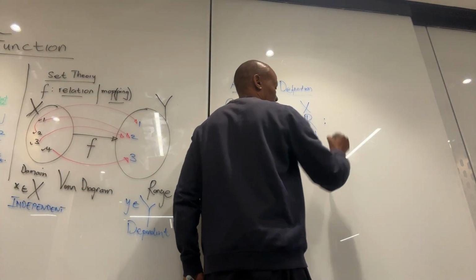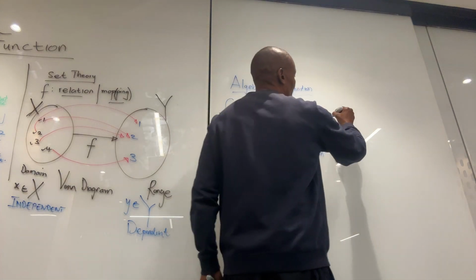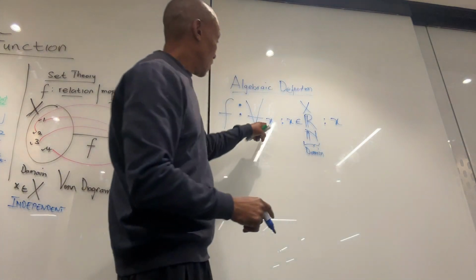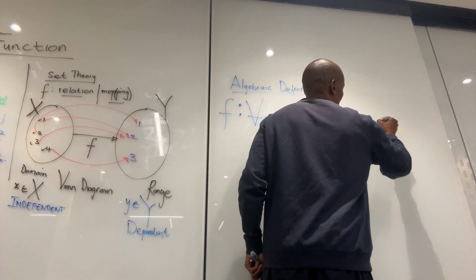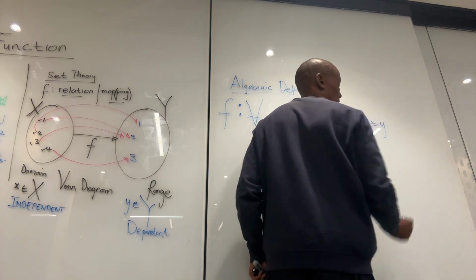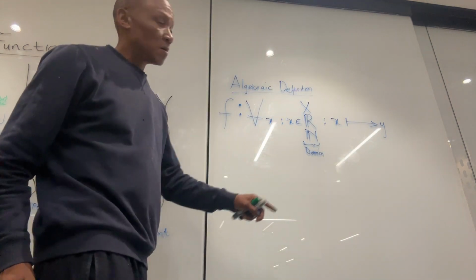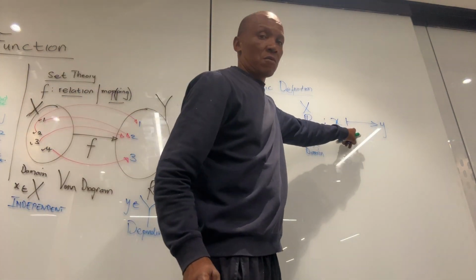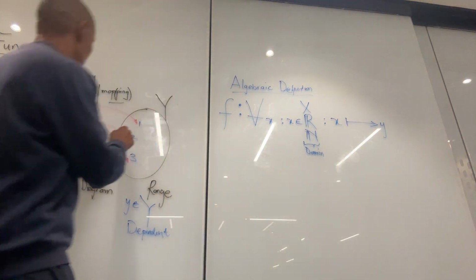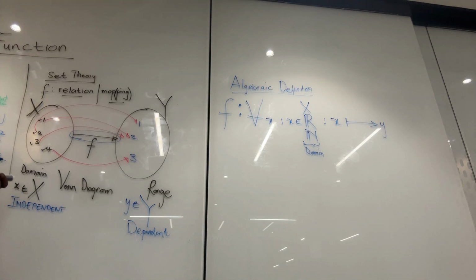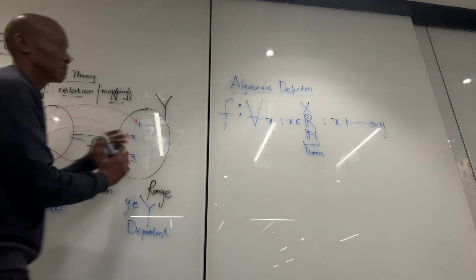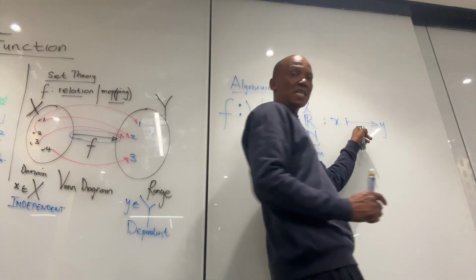Such that for all values, this arrow here is no different from this arrow here. I'm taking values of x, and mapping them as a map now.